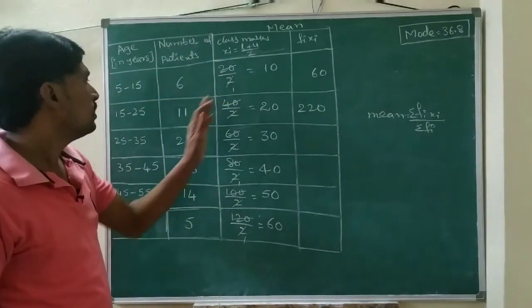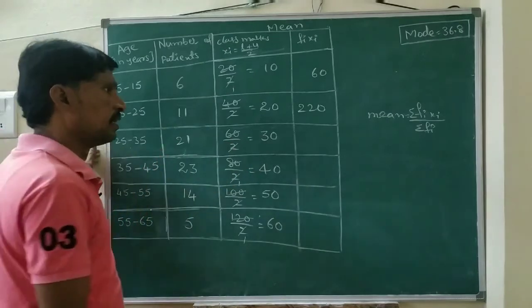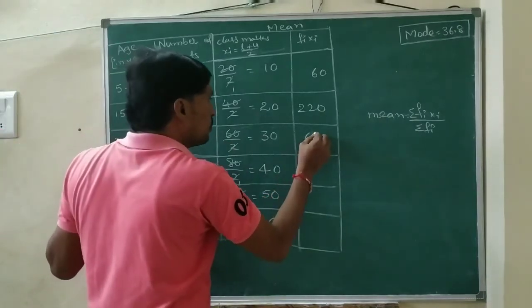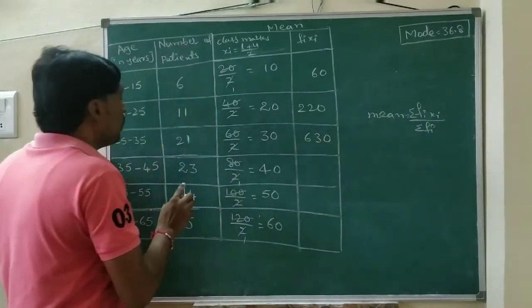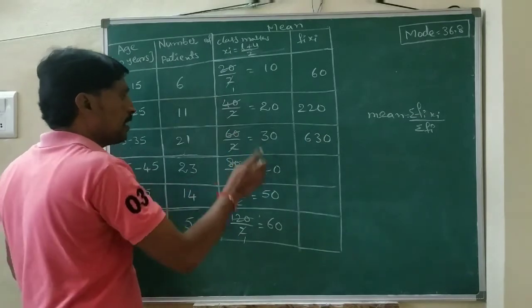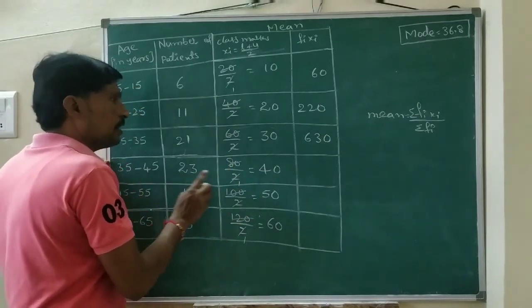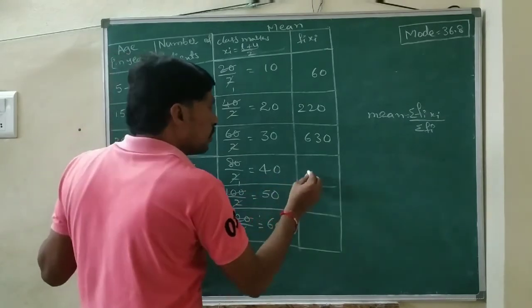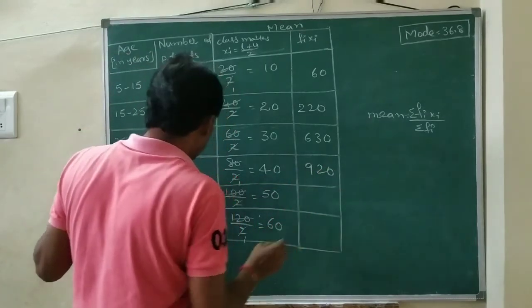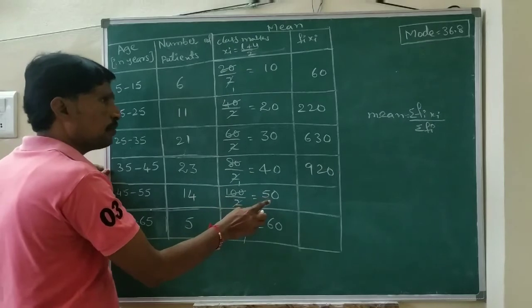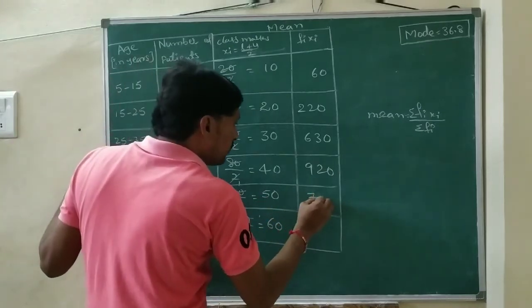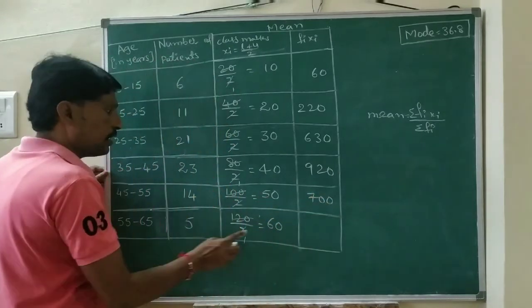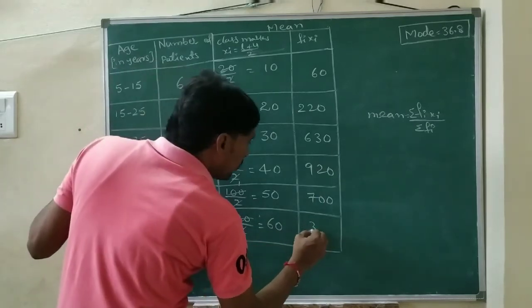Next, 21 into 30 is 630. Next, frequency is 23 and xi is 40, so 23 into 40 is 920. 14 into 50 is 700. 5 into 60 is 300.